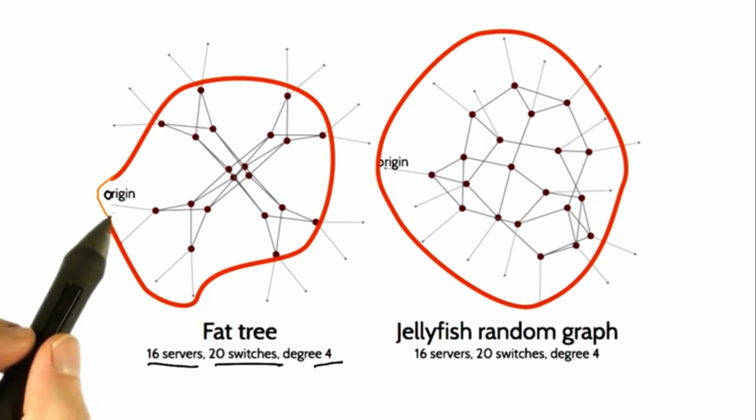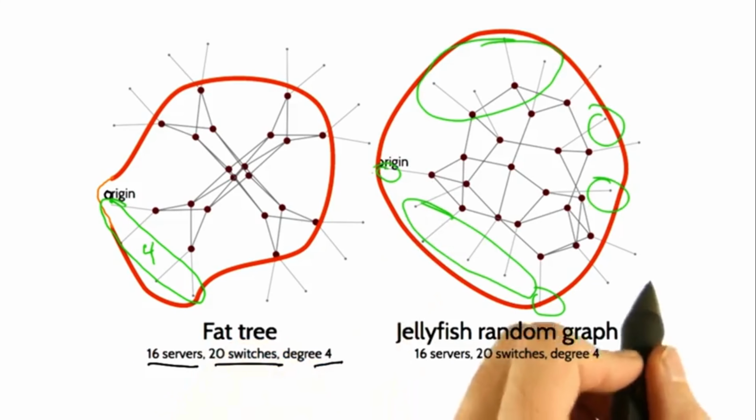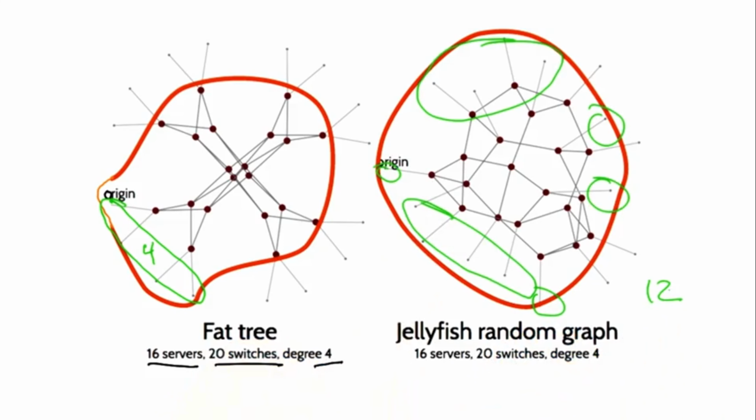In the fat tree topology, only 4 of 16 servers are reachable in less than 5 hops. In contrast, in the Jellyfish random graph, there are 12 servers reachable. By making more servers reachable along shorter paths, Jellyfish can increase capacity over a conventional fat tree topology.